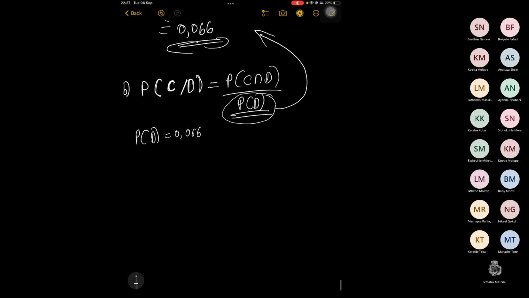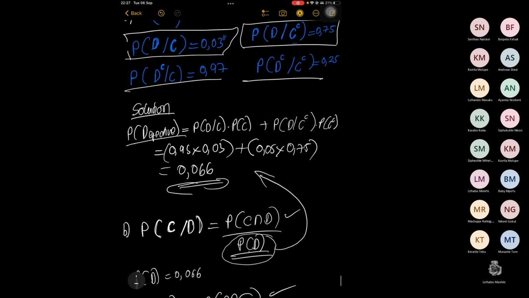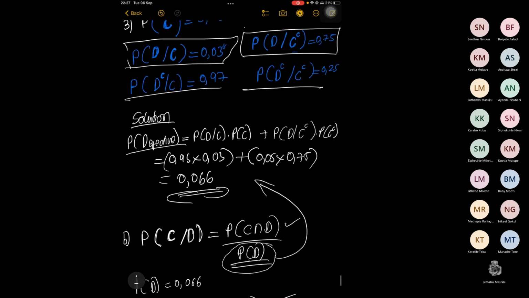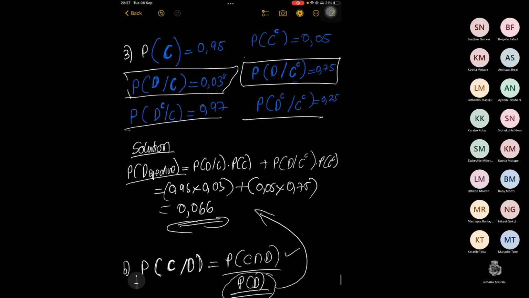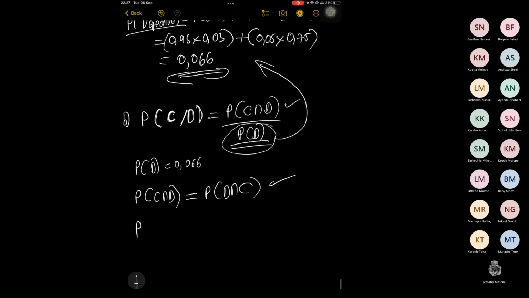That's fine. Then for the numerator now, they want us to calculate probability of C intersection D, but what we know is this is equal to D intersection C. That's fine. Then what do we have? The link between D and C. We have this condition that you're given here: probability of D given C is 0.03.